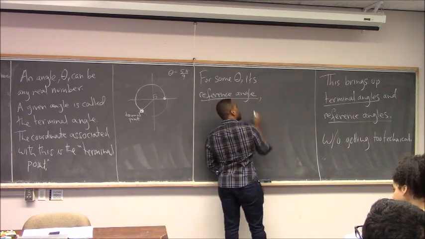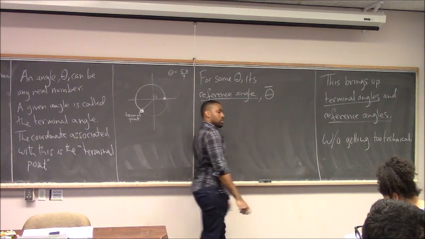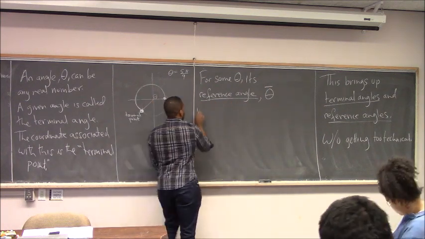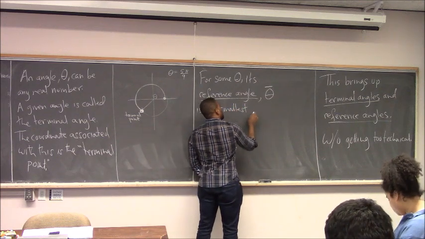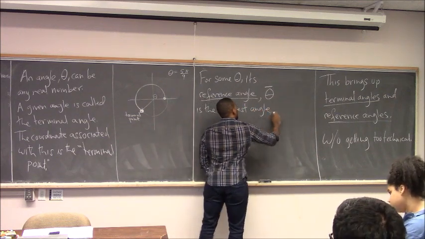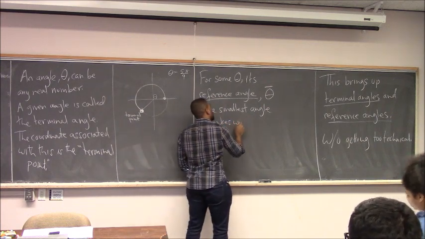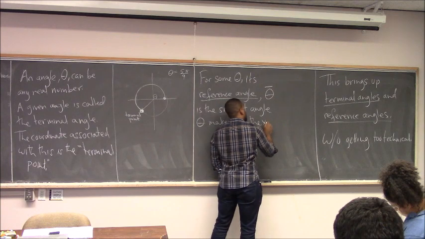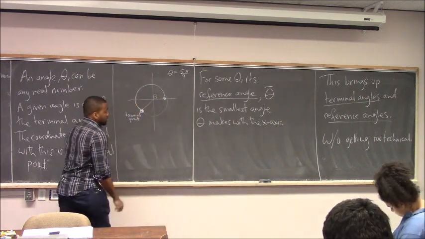The usual notation for this is theta with a bar on top of it. This is the smallest angle theta makes with the x-axis. That's the definition.